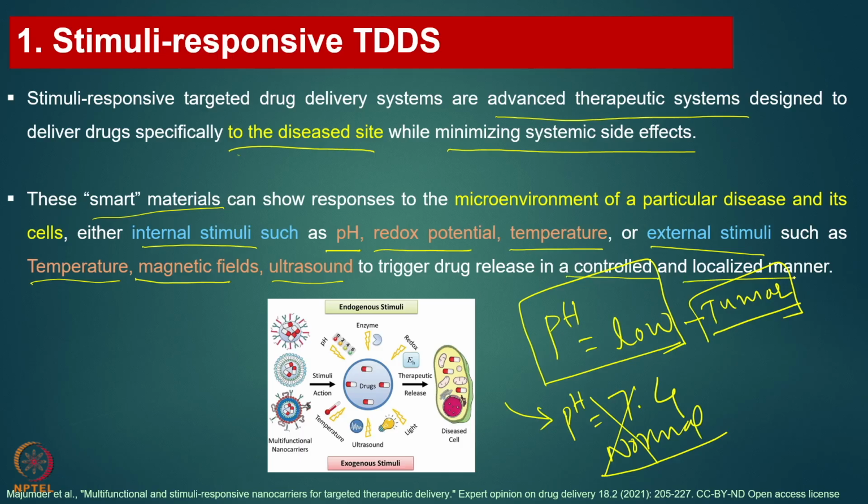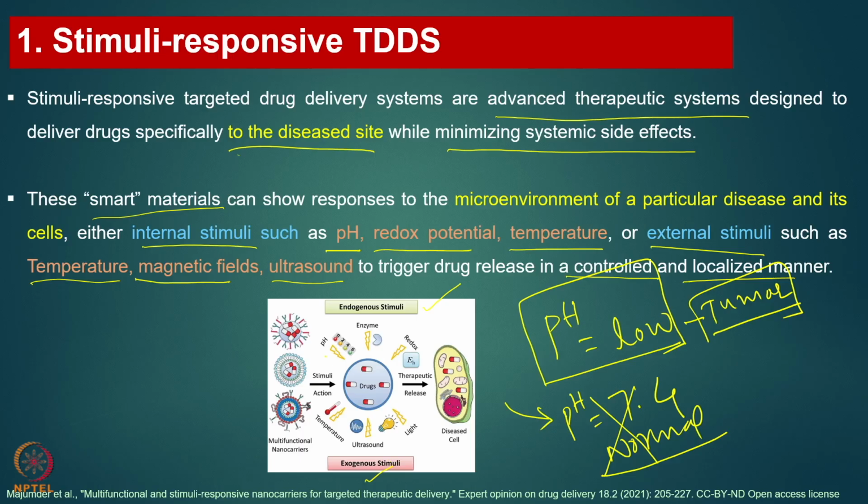That is the beauty of stimuli responsive targeted drug delivery systems. We can classify them as endogenous, where the internal conditions work as the stimuli, and exogenous, where we need to provide the external stimuli.